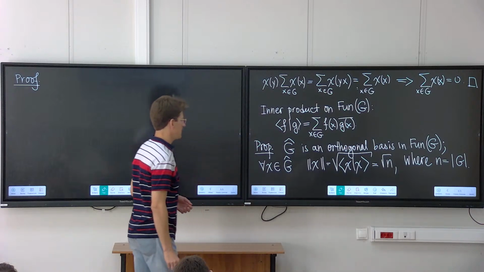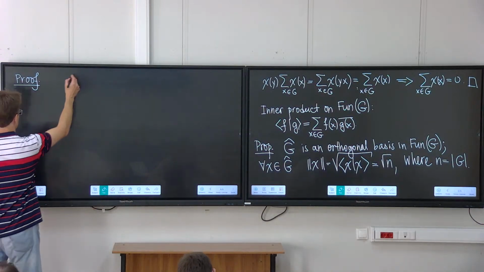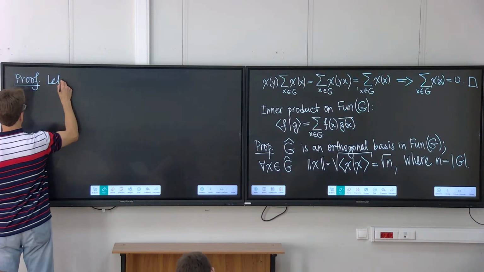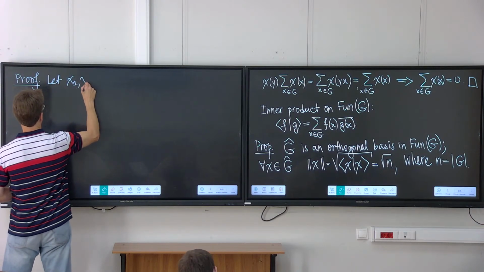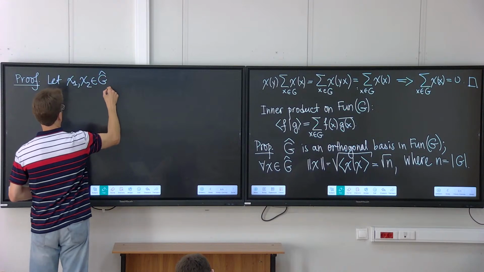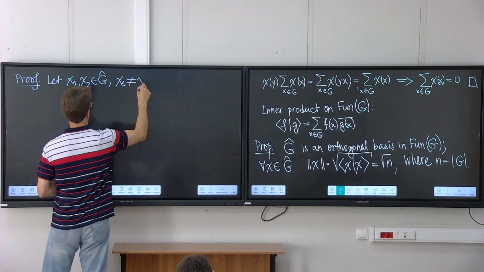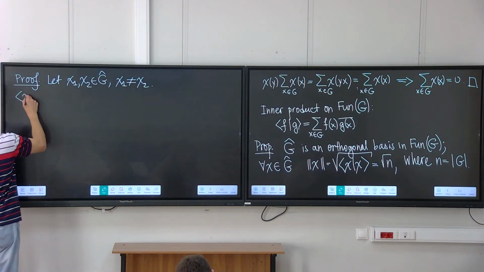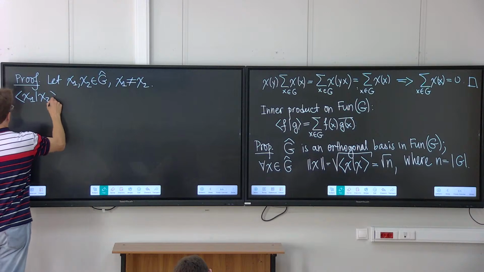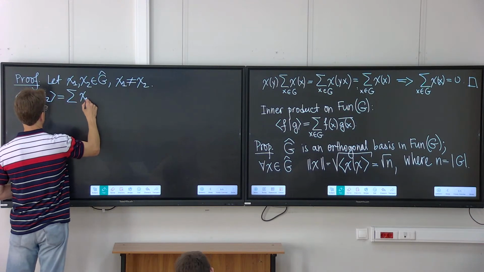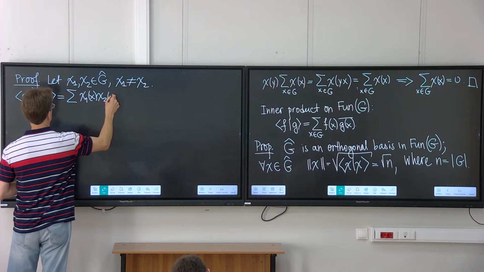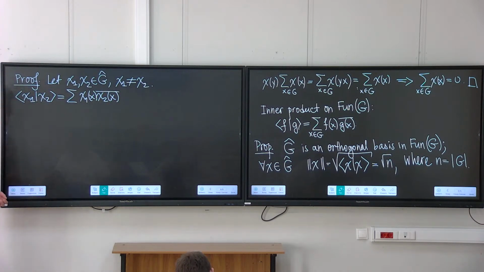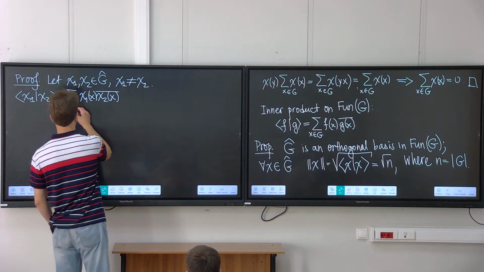Well, indeed, if you take two characters, say chi1 and chi2, which are not equal to each other, and if you calculate their inner product, so we have the following sum. Chi2 of x is on the circle, so it is just chi2 inverse of x.